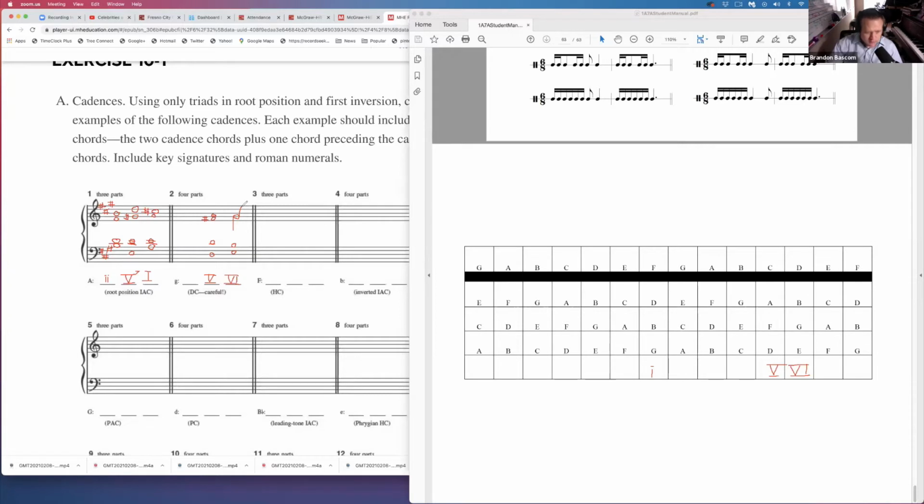And we're okay. Can't double the root on scale degree 6 in minor, or we're going to get that augmented second. With me?